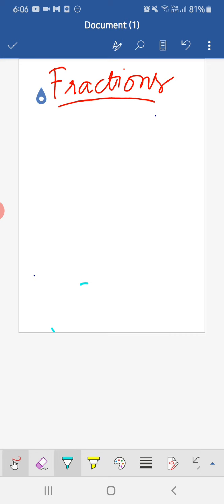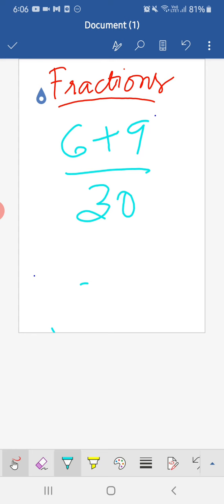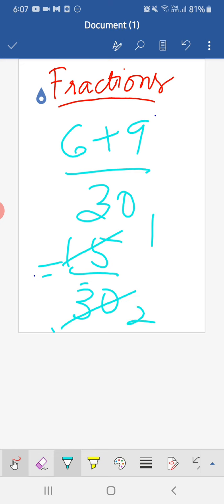So we have got 6 plus 9 by 30, and you will get the answer as 15 by 30. This much is also correct. Or else you can just cancel it, like 15 1s are and 15 2s are, and you have got the answer as 1 by 2.